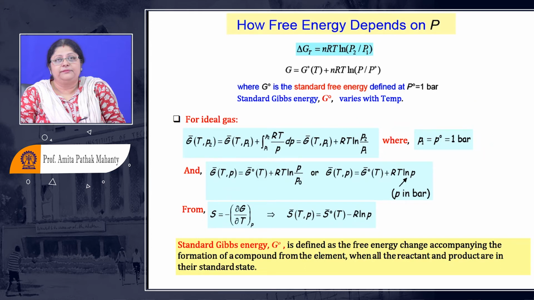Usually we do not do it. You do not even write P naught. We just take delta G equal to nRT ln P. This is a standard way of writing, because P by P naught is actually the same, because P naught is always defined at 1 bar pressure. Okay, because that's the standard pressure. So if I rewrite that, have a look at this.